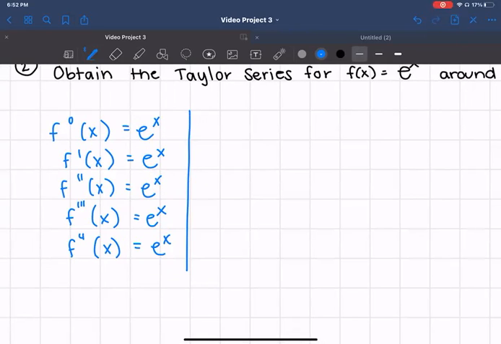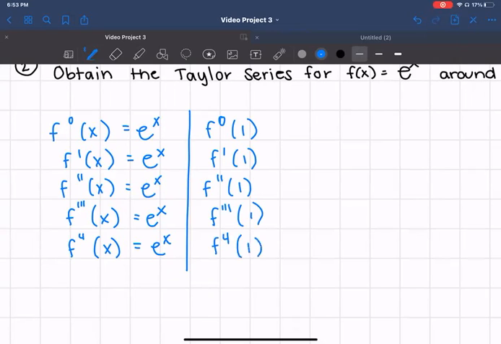And then we're going to evaluate it at a equals 1. And then since all of them are e to the x, they're all going to be e to the 1.